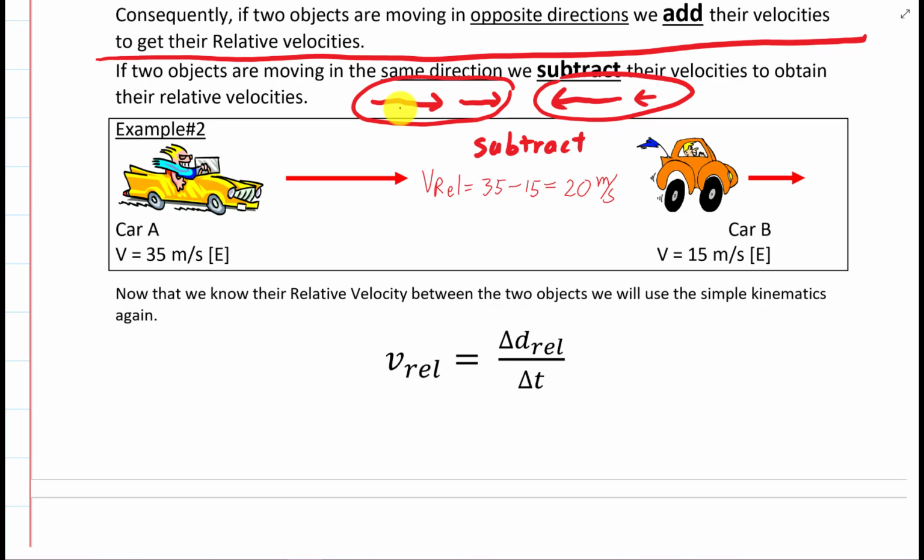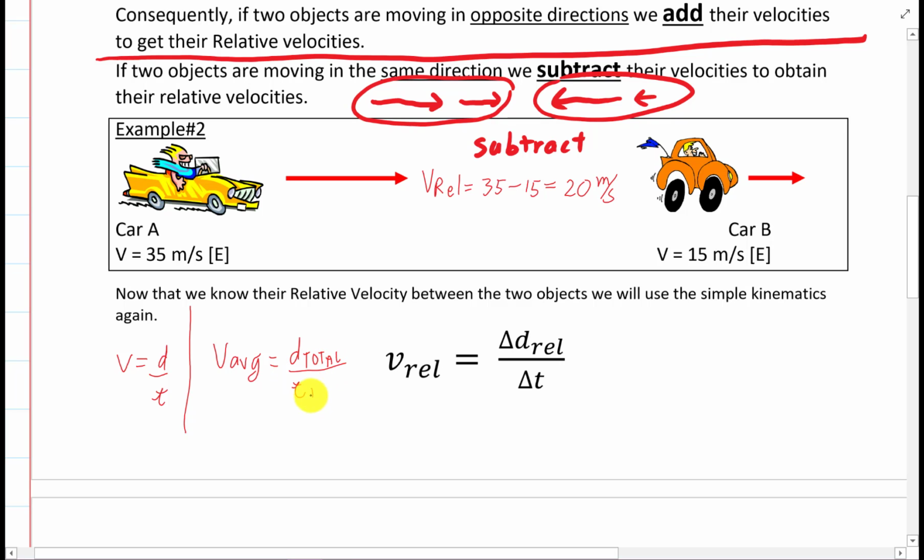What do we use it with? Well, in lesson 1 we had v is equal to d over t, constant velocity. In lesson 2, we have average velocity is equal to total distance over total time. And in lesson 3, we're getting the relative velocity is equal to the relative distance over the time.